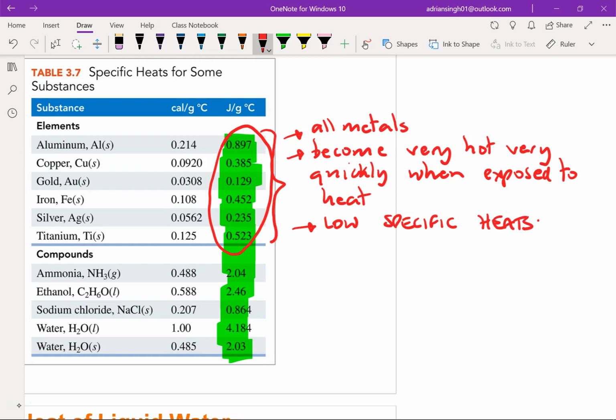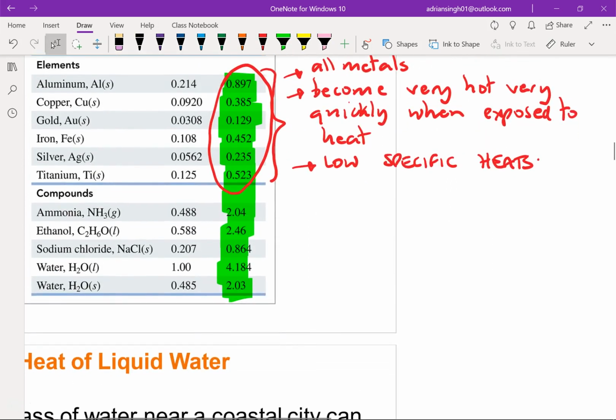So low specific heats. And if we compare the specific heats for these metals to something that we're very familiar with, and we'll just choose water here, liquid water, you can see that its specific heat is much higher, relatively speaking, than all of those metals.